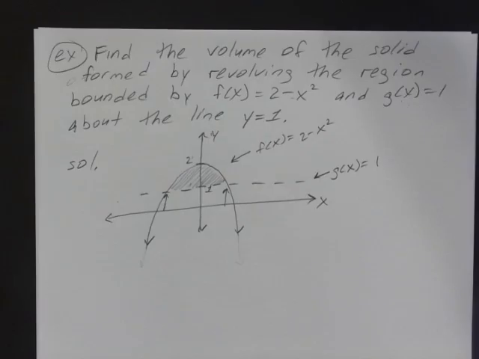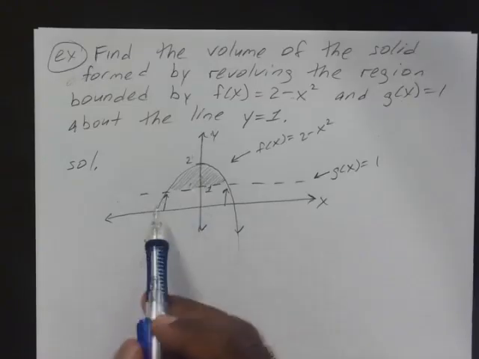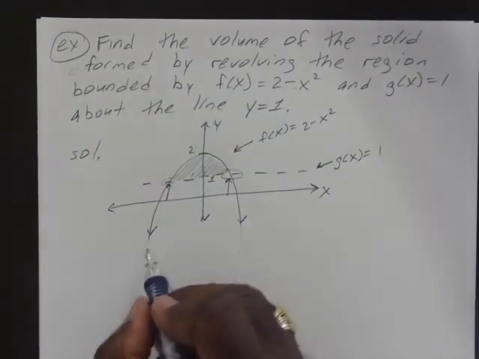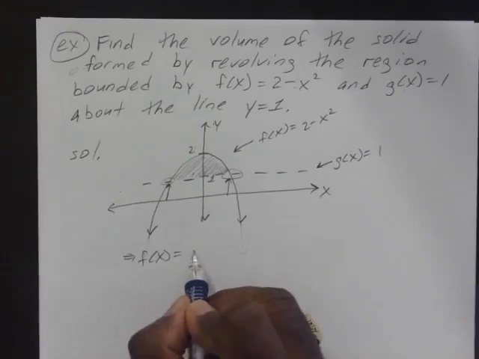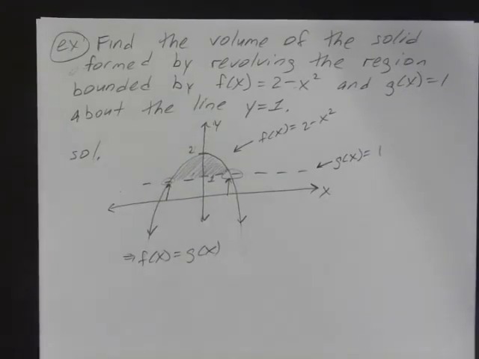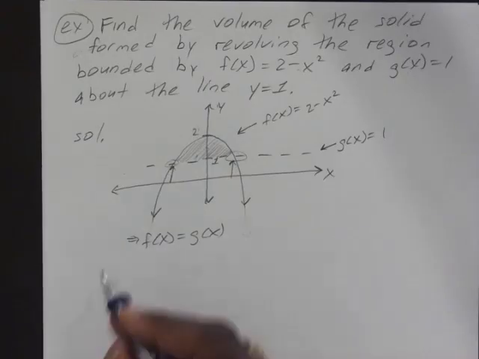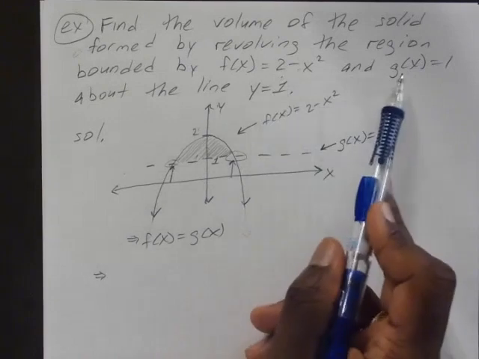That represents our region, so we have to find out where f of x equals g of x, because that's where they intersect. So that's where 2 minus x squared is equal to 1.